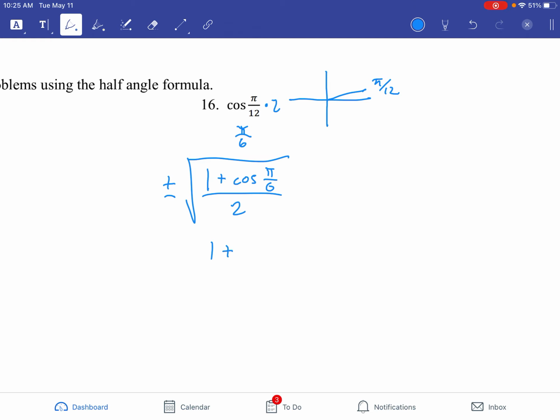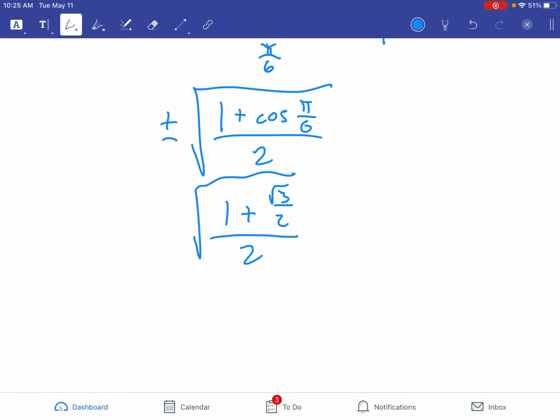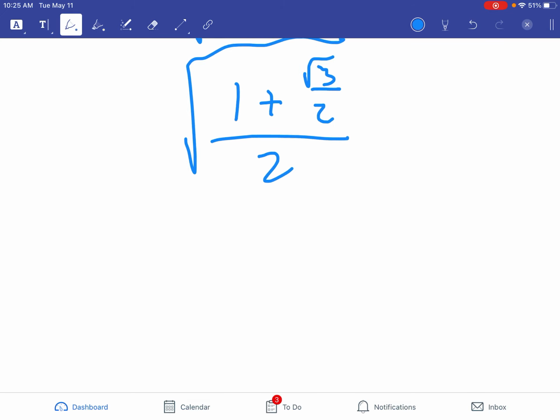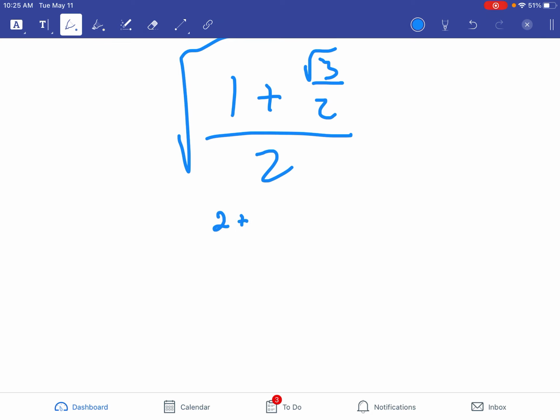So cosine of pi over 6 is, off the top of my head, root 3 over 2, divided by 2 with a big square root on top of it. Again, we'll get to the plus or minus at the end of the problem. We need to combine the two fractions at the top, so we get 2 plus root 3 over 2, divided by 2.